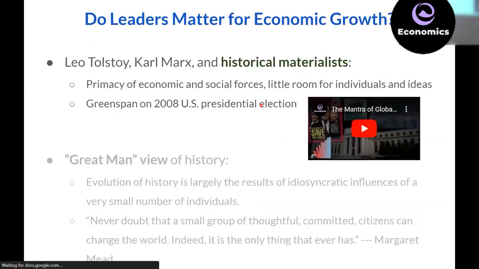A lot of philosophers, scientists, just thinkers in general, have been asking questions for centuries. Do leaders matter for economic growth?